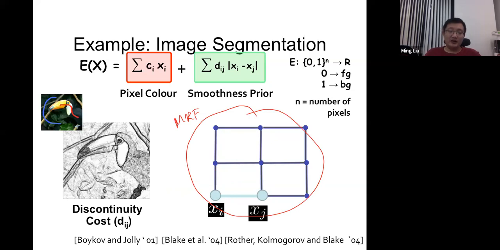When we look at the correlation among the pixels, we get the discontinuity cost, like checking the similarity between two random variables, and then this serves as the second part of the energy function.